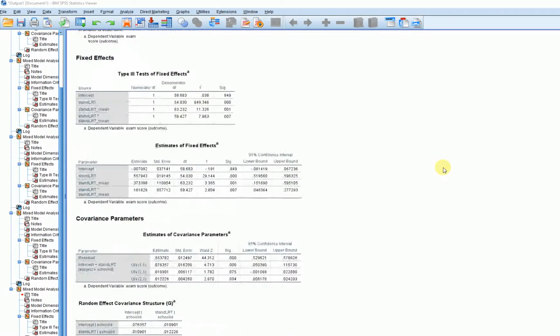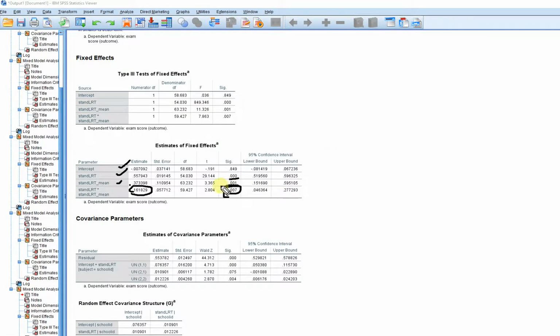Now when I scroll down, you'll notice that we've got, again, our intercept. This is our fixed effect for the level 1 predictor. It's still statistically significant. The fixed effect for the level 2 predictor also is statistically significant. But then we also see that we have a significant interaction between the level 1 and level 2 variables.